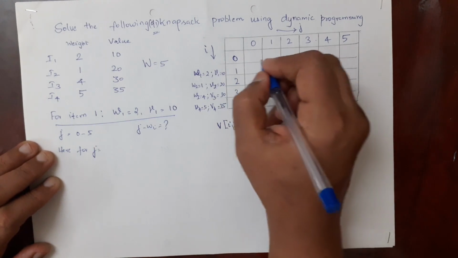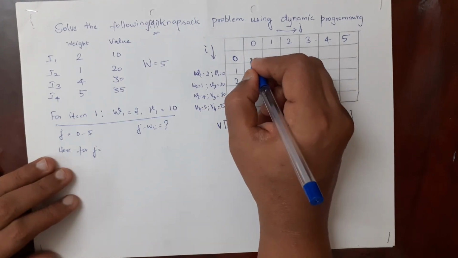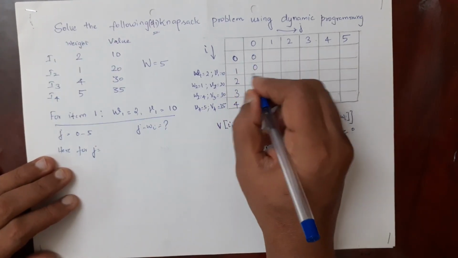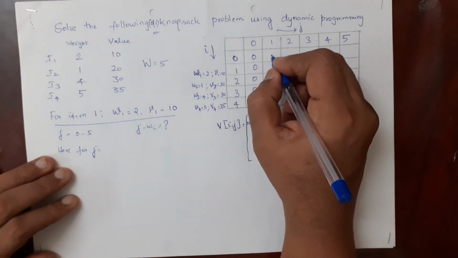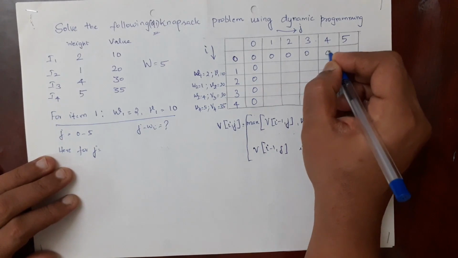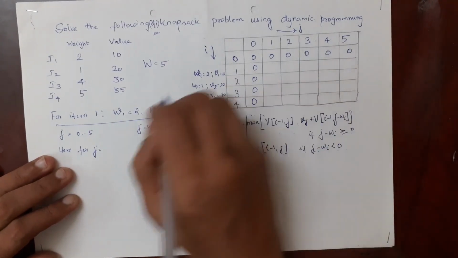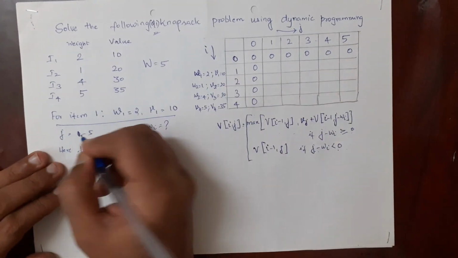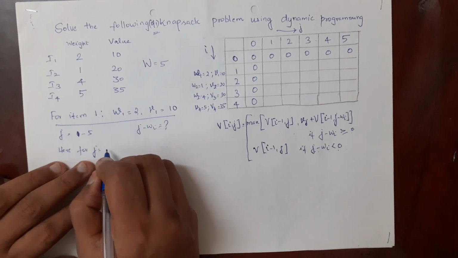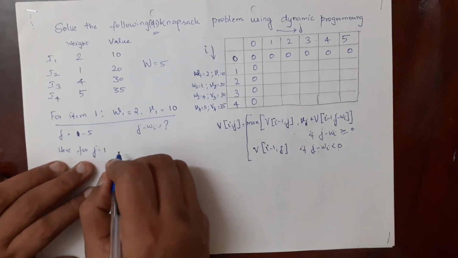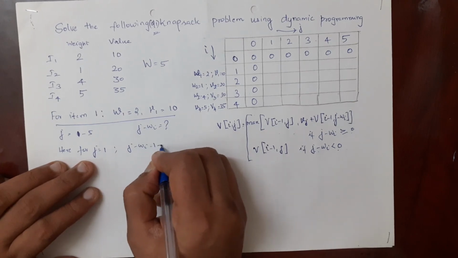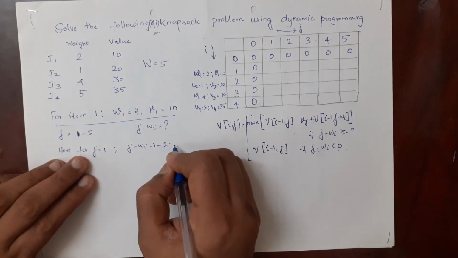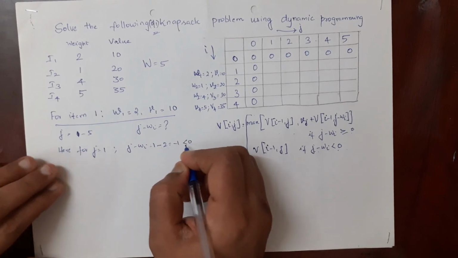Before going on, we know that all the entries 0,0; 0,1; 0,2; 0,3; 0,4 are 0, and this row's entries will also be 0, as we have already understood. So j value ranges from 1 to 5. For j equal to 1, j minus w_i is 1 minus 2, that is minus 1, which is less than 0.